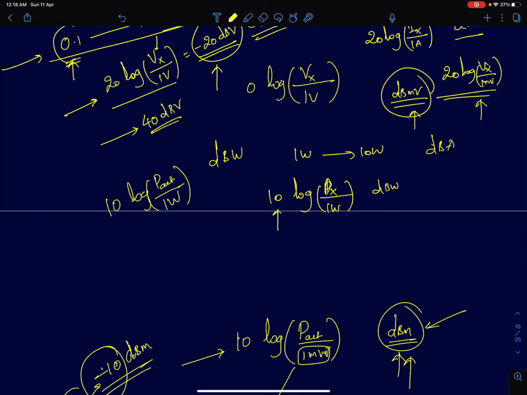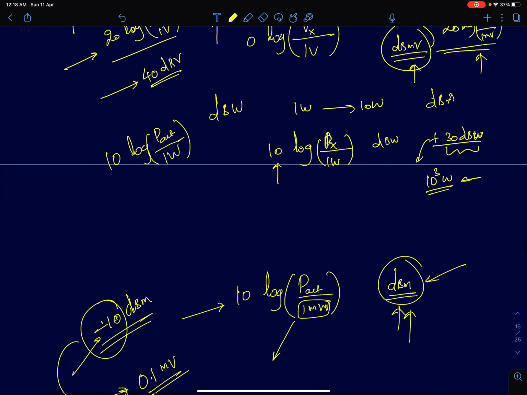If I give you plus 30 dBW as the power, we can say exactly what it is in watts. It's going to be 10 power 3 watts. So if we look at a dBW number, we already know the power itself. But from a dB number, we can't say what the output power or the input power is. It's just a ratio that we are aware of, but the exact values are not obvious from the dB value.